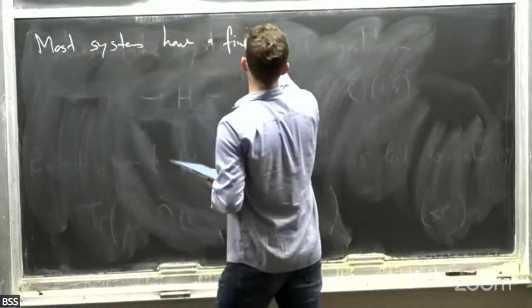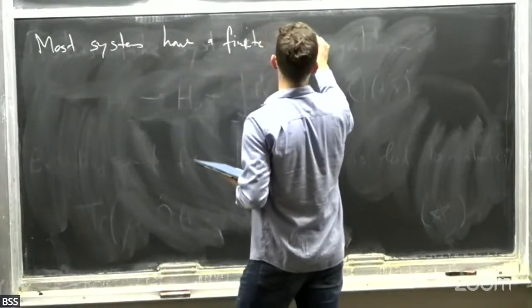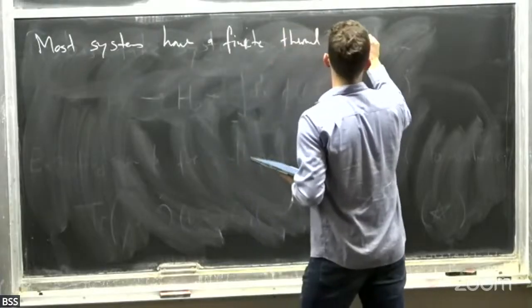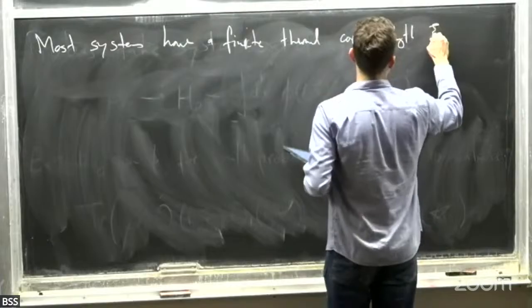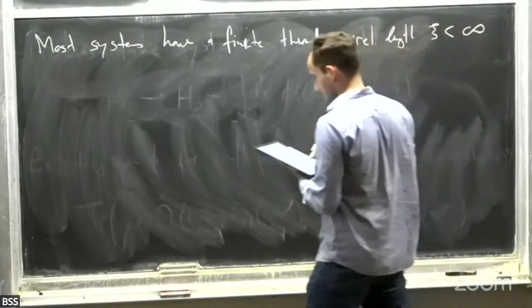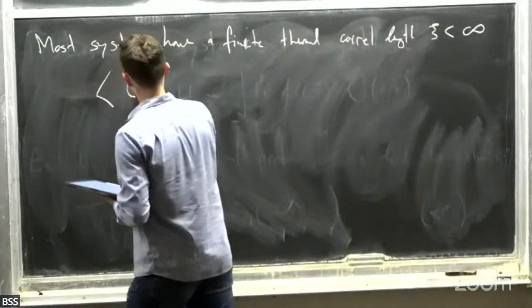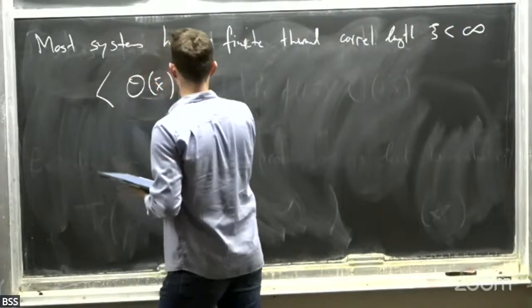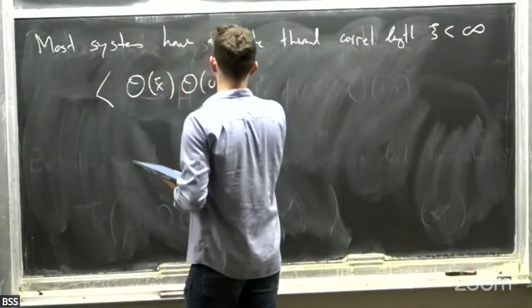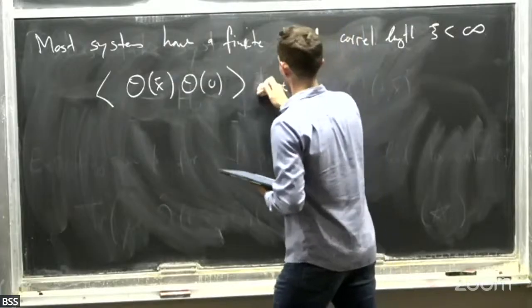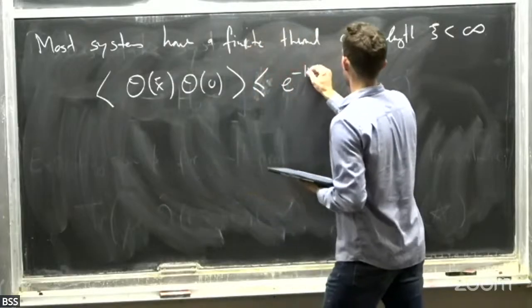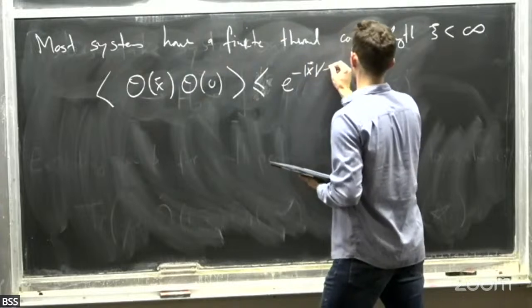Okay, so most systems have a finite thermal correlation length. What this means is that static correlation functions decay exponentially in space at long distances. They are smaller, at least decay exponentially.